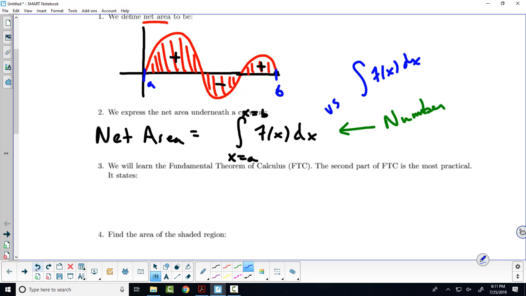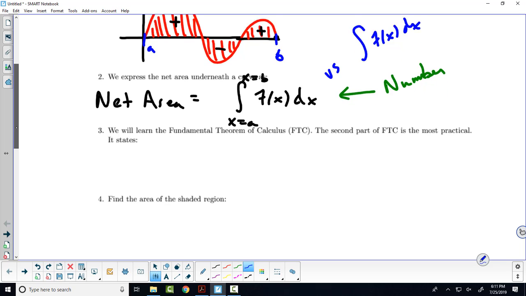But for right now, I'm going to jump. In fact, we're going to skip the first half of the fundamental theorem of calculus and just give the second half, which is the most practical on a day-to-day computational level. So this is what it says.